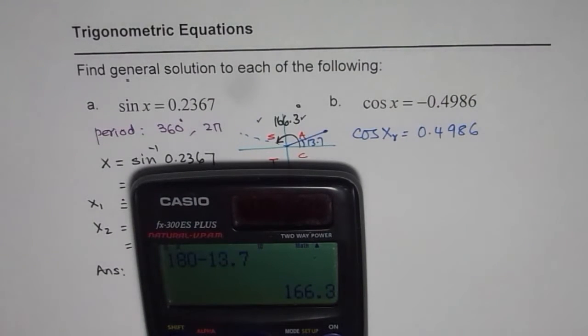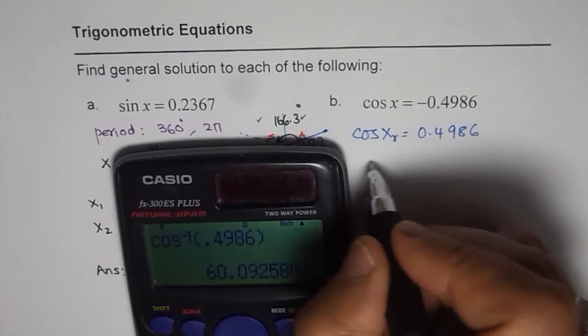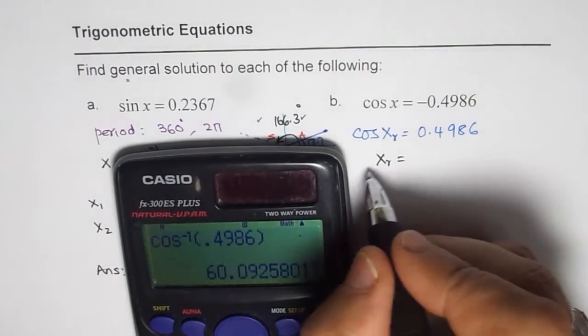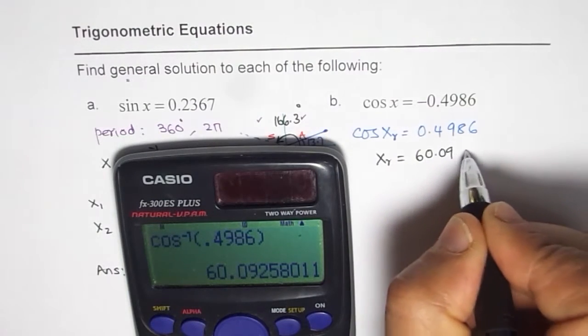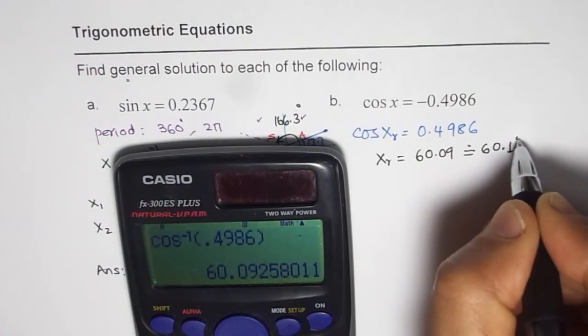Shift cos inverse of 0.4986 gives us 60.09. So the related acute angle, sometimes called alpha, is 60.09, approximately 60.1 degrees.